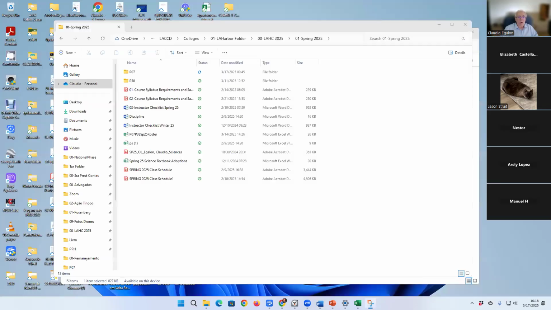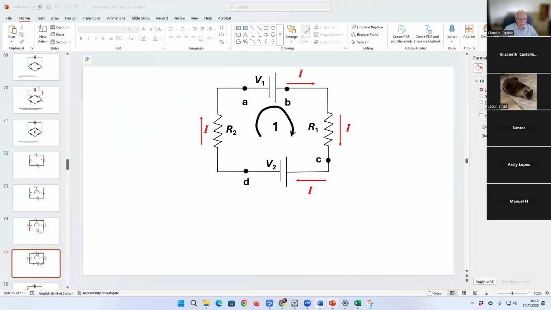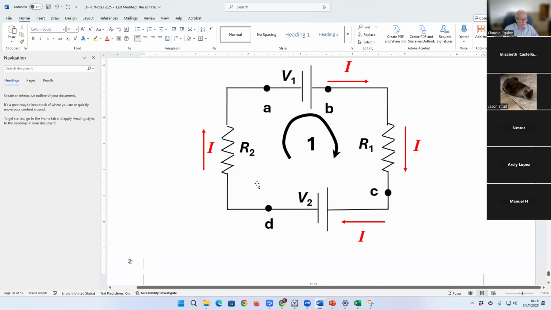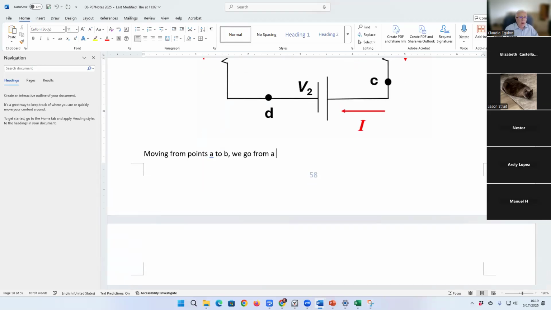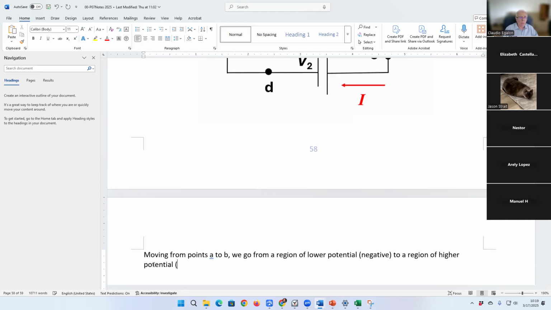So going from points A to B, we go from a region of lower potential, the negative, to a region of higher potential, the positive.